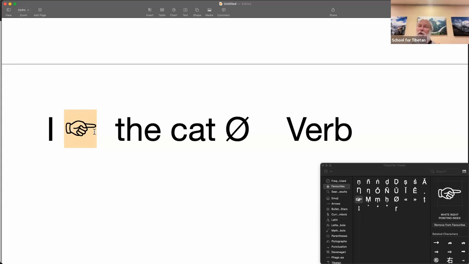So he tells you that I is the subject of something by putting this marker. So you start, the subject or agent will generally be at the beginning of a sentence. So I, then follows the object, the cat. I, the cat.